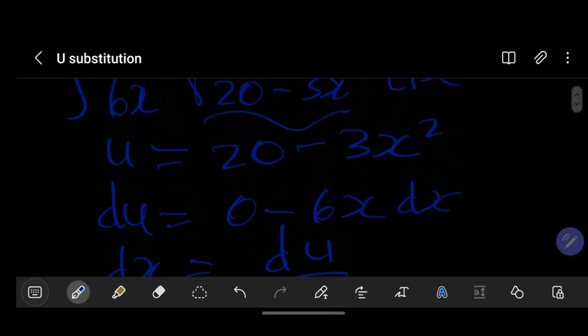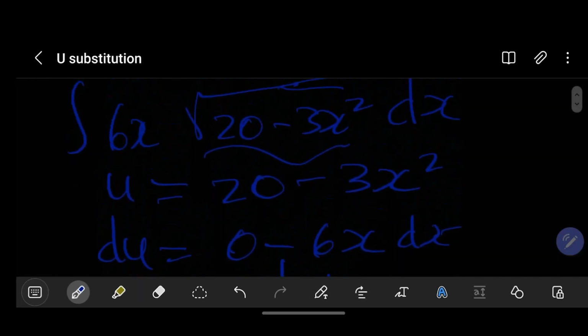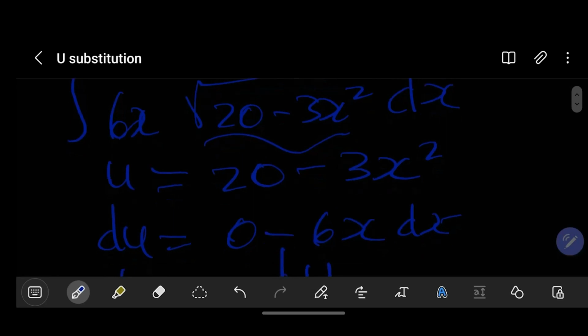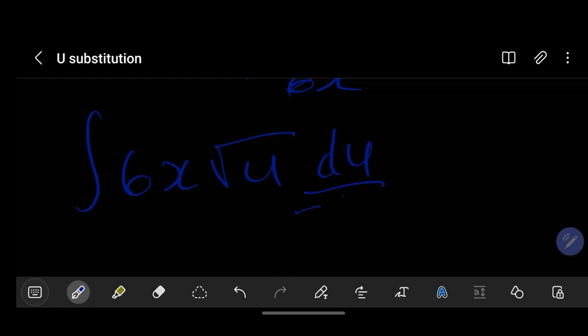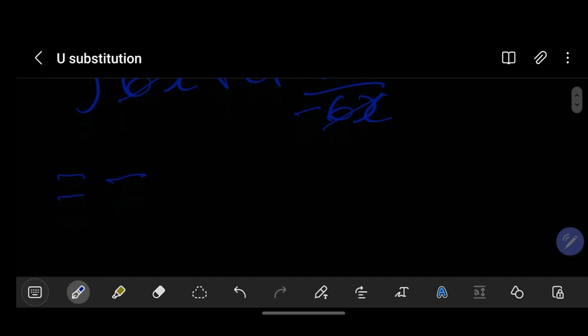And at this point we can already see that the 6x from here and the 6x from there will be able to cancel out. So substituting in terms of u, we'll have the integral of 6x times the square root of u du all over minus 6x, and like we said, the 6x and that 6x will cancel out. So that's basically equal to minus the integral of the square root of u du.